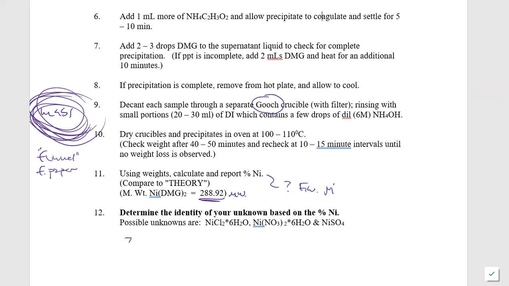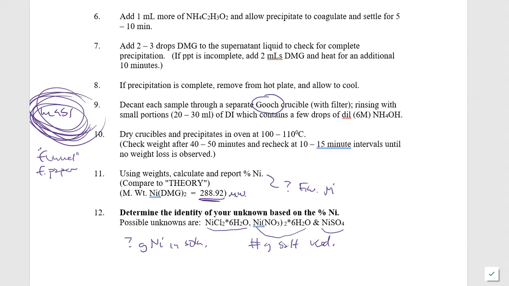So if you know how much gram-wise nickel was in solution, and then you know the mass number for the salt that you used, you will be able to backtrack and figure out which one of these nickel compounds was assigned to you based on percentage.